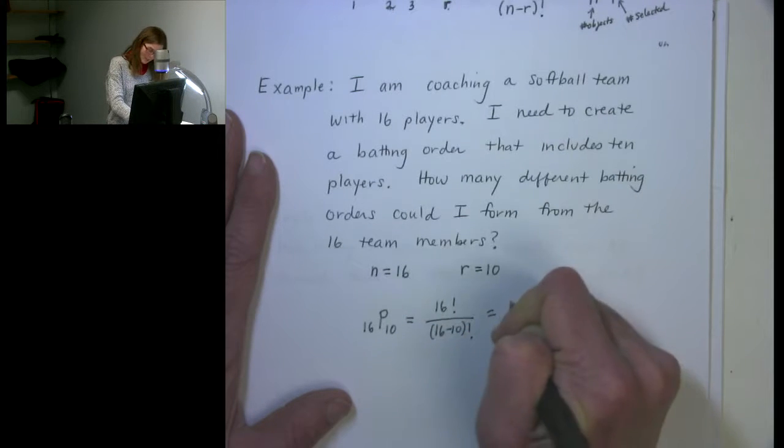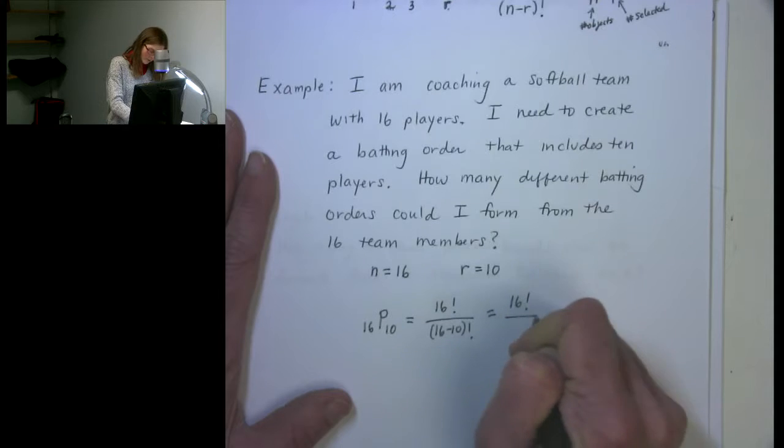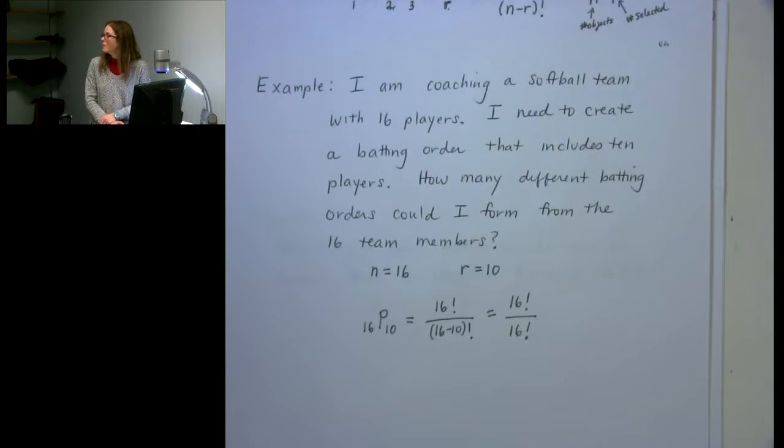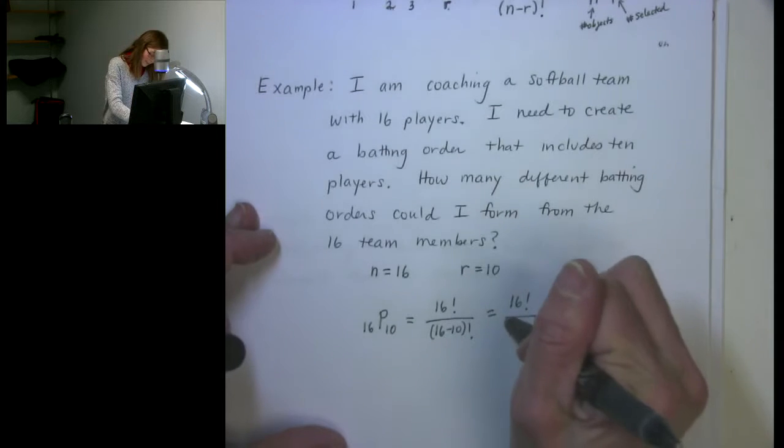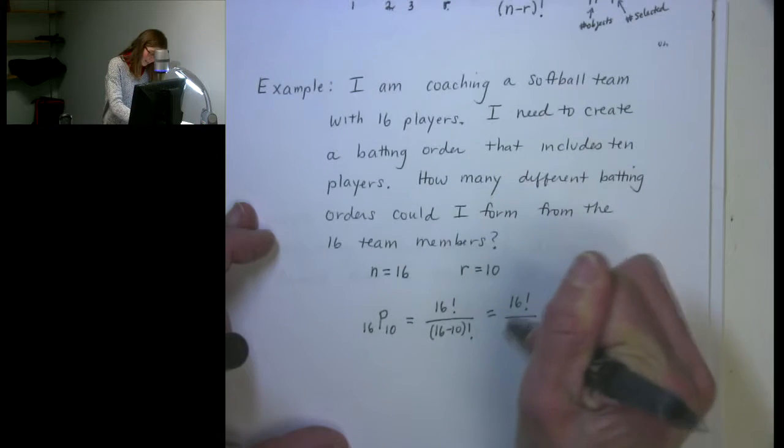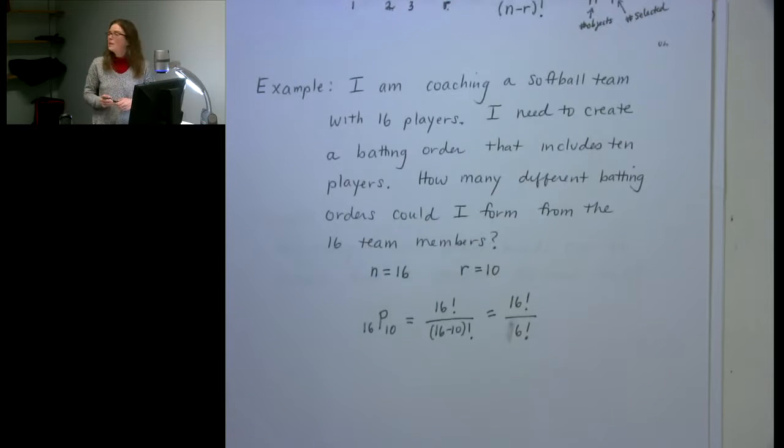So that gives me 16 factorial divided by 6 factorial to get the number, whoops, sorry. I said 6 factorial, but I wrote 16. 16 factorial divided by 6 factorial gives me the number of possible batting lineups that I can come up with.